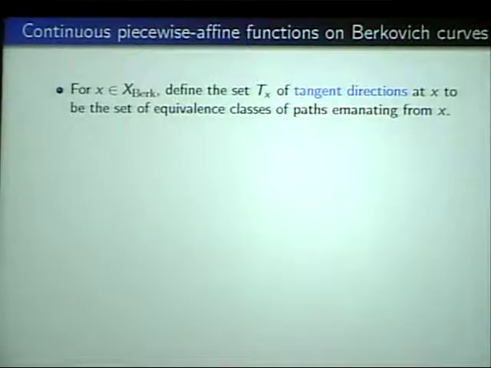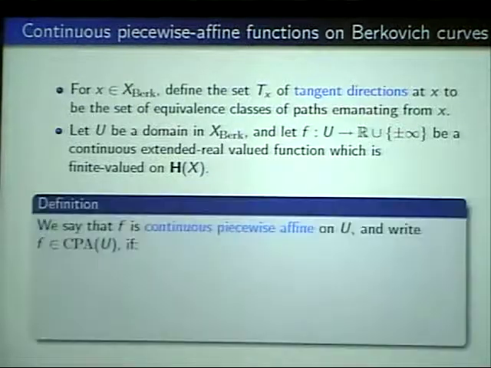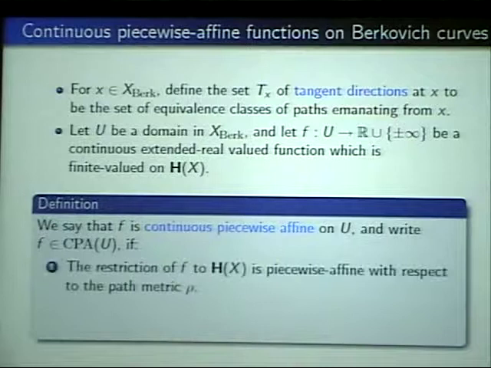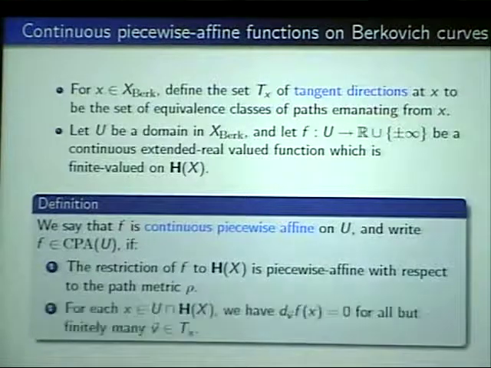So the set of tangent directions is defined in exactly the same way as before. If U is a domain and I have a continuous extended real valued function, then I can say it's continuous piecewise affine if I'm just essentially recalling the definitions from before. When you restrict to this hyperbolic space, it's piecewise affine with respect to this path metric that I've now defined.